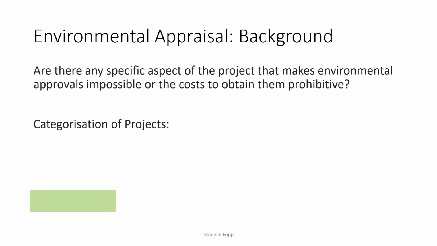Now, after we have appraised or evaluated the environmental issues, we can create a structured recommendation about the project's environmental factors, and this is a very important output of the appraisal phase.